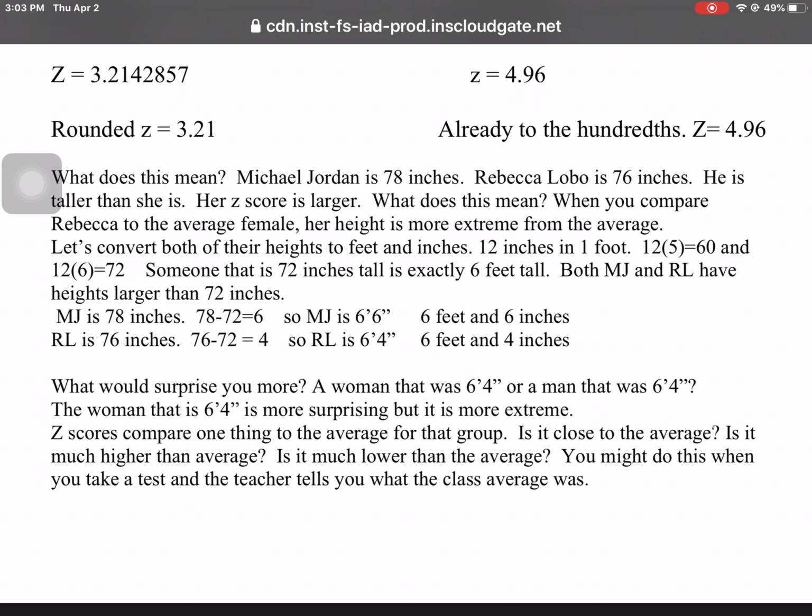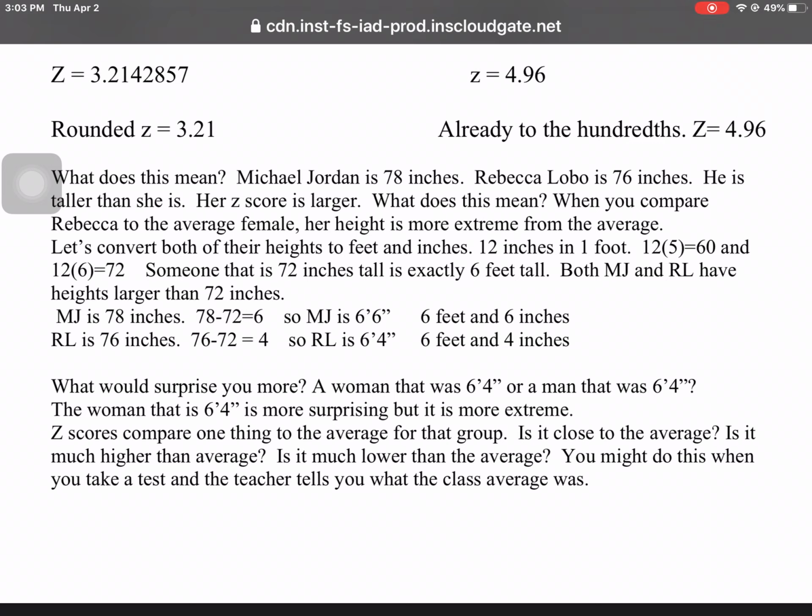Let's go over that again. There's 12 inches in 1 foot. 12 times 6 is 72. So somebody that is 72 inches tall is exactly 6 feet. But MJ and RL are both higher than 72. Michael Jordan is 78.